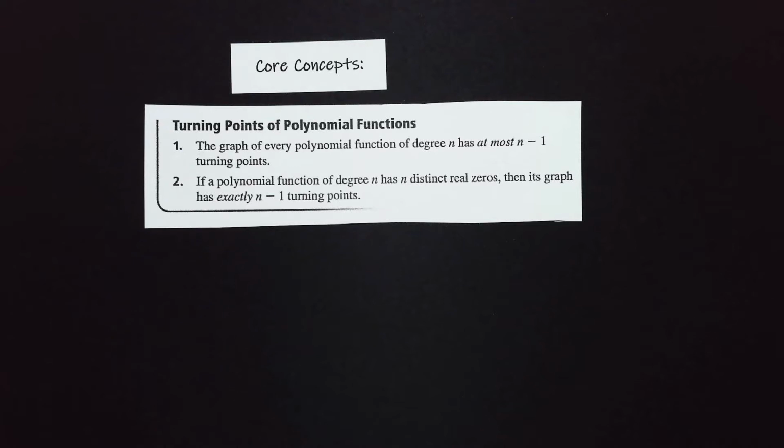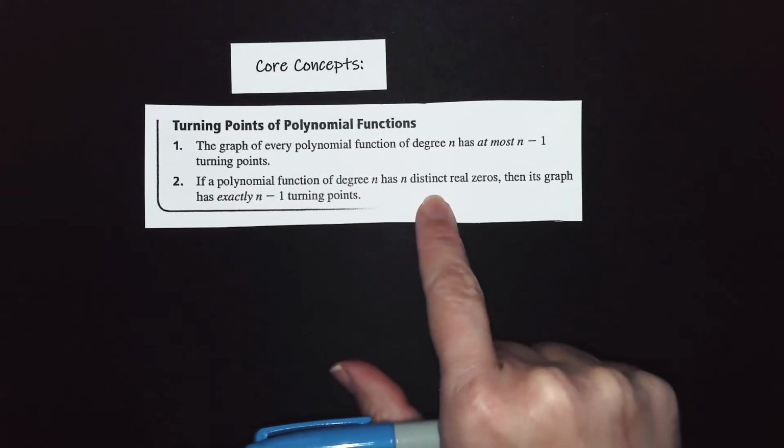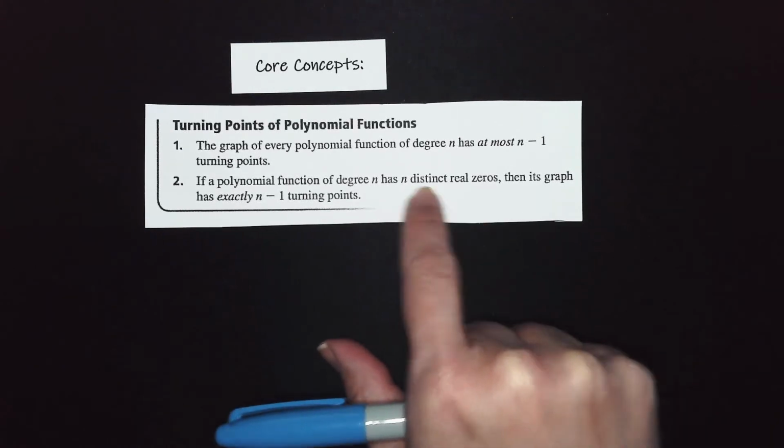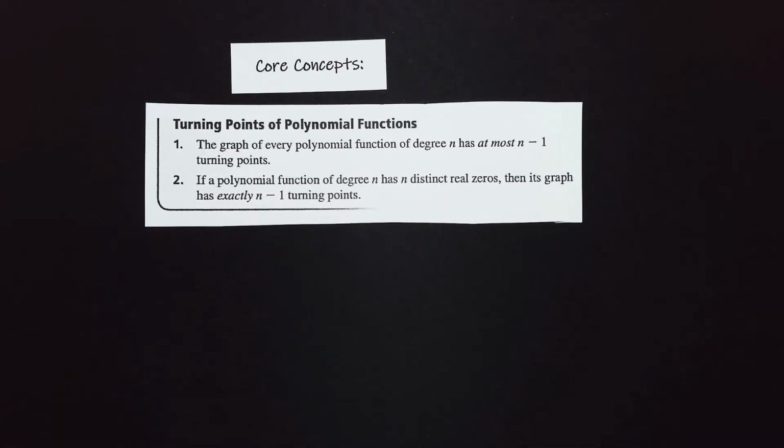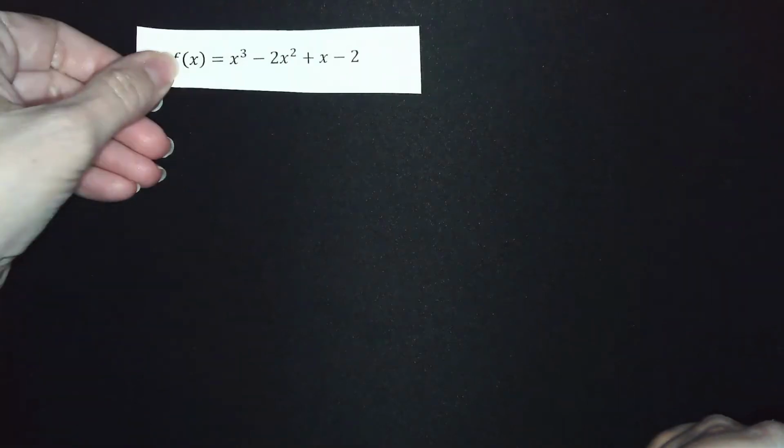So you wouldn't say at most. If it has the same number of real zeros as its degree, you will have that degree minus 1 turning points.